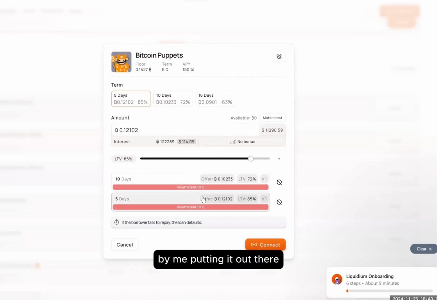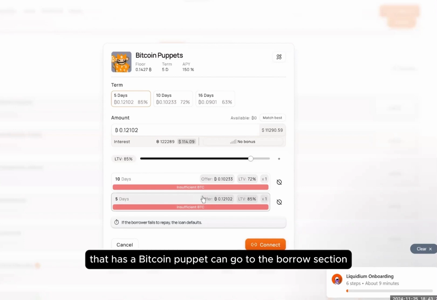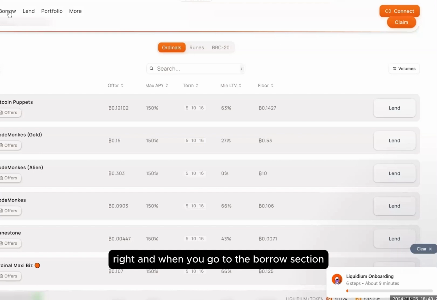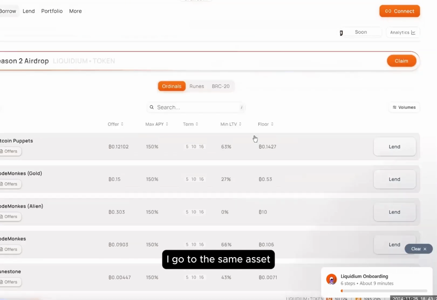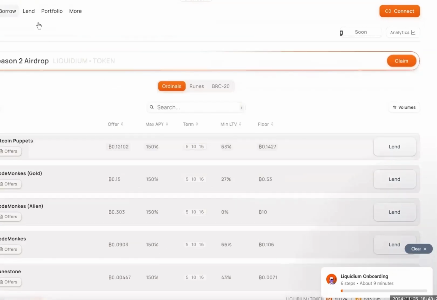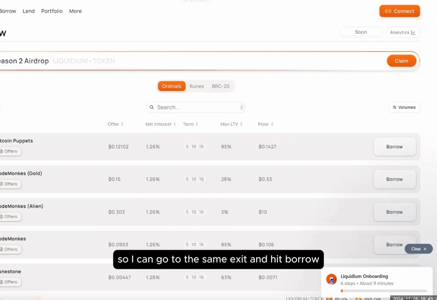By me putting it out there, anybody that has a Bitcoin puppet can go to the borrow section, right? And when you go to the borrow section, I go to the same asset. So I can go to the same asset and hit borrow.